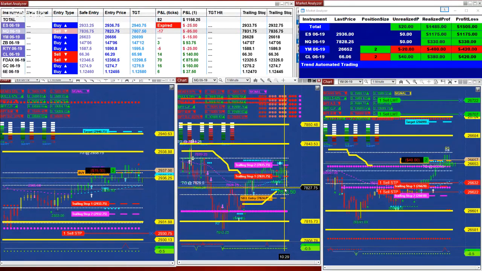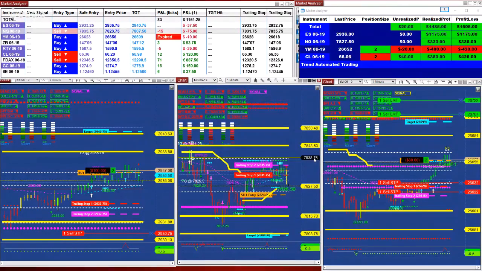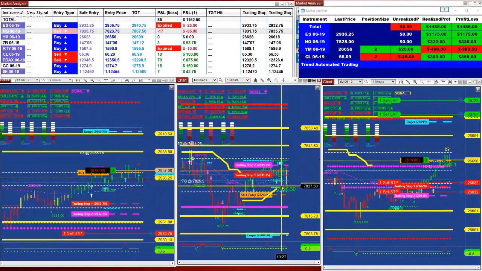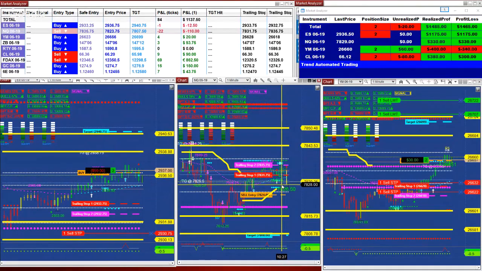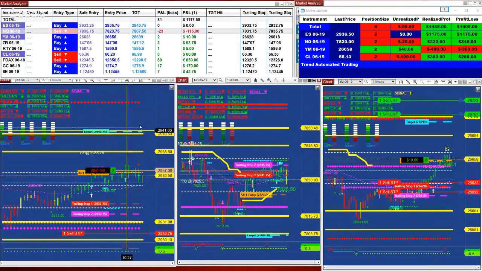It's 827.75. It is a very good place to take a trade right there, exactly where we are at right now. You see? It came in exactly to that level.